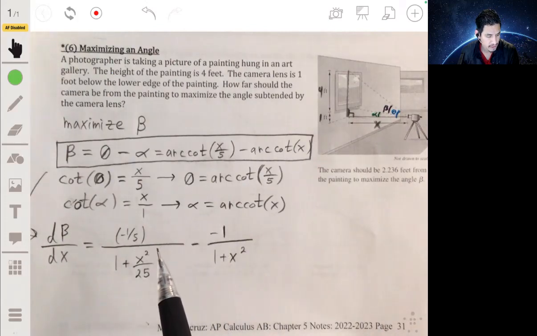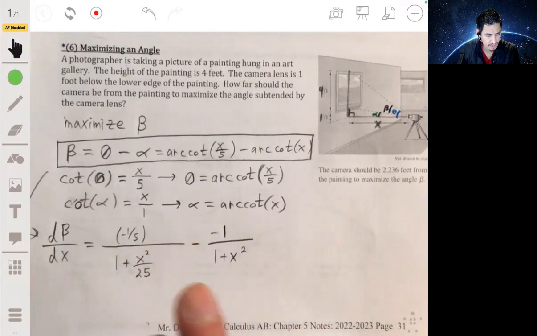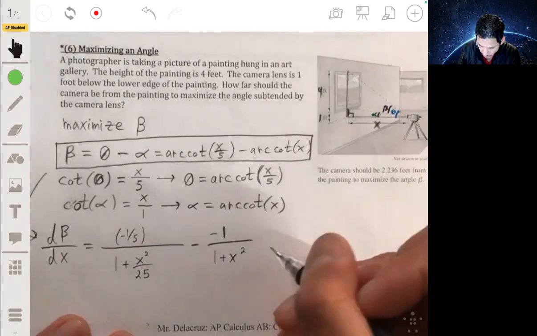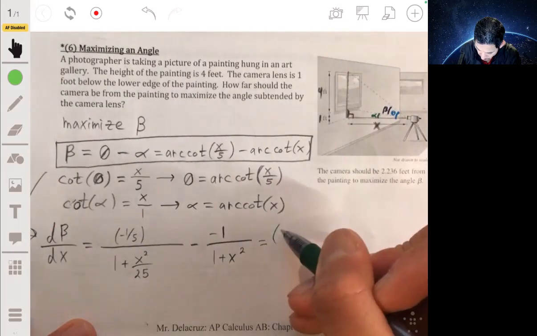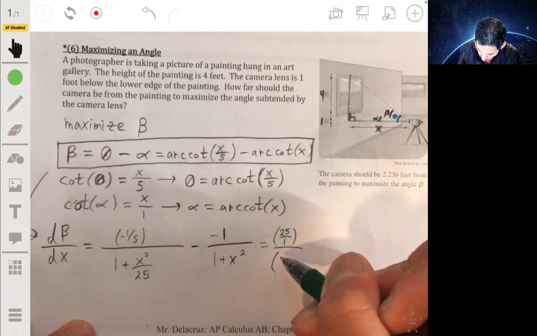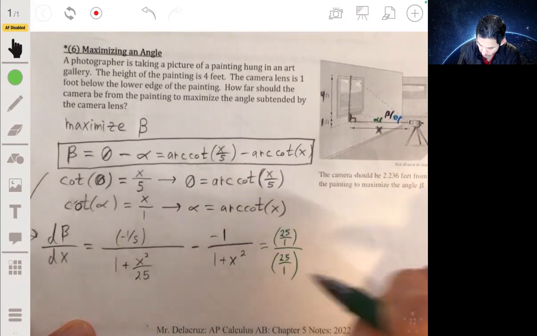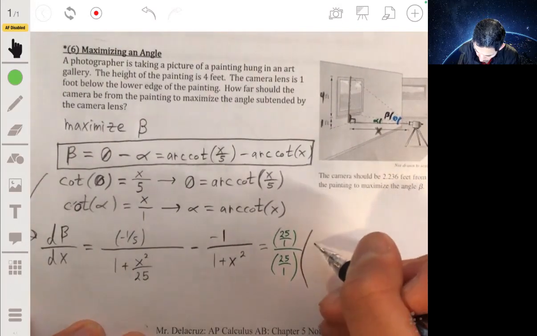Now all we're going to do here is simplify this as best as we can so we can combine them. So what I'm going to do for that first one, I'm going to multiply by 25 over 1 times that whole thing.